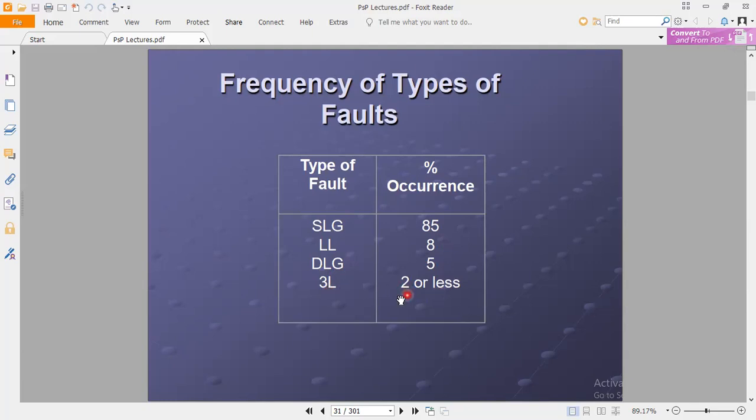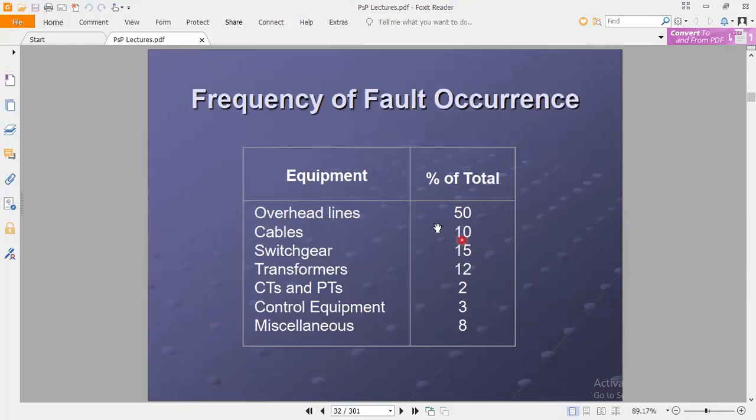So occasionally that fault occurs. Most of the time the single line to ground fault occurs in the utility, and faults are observed with different kinds of loads in different locations.